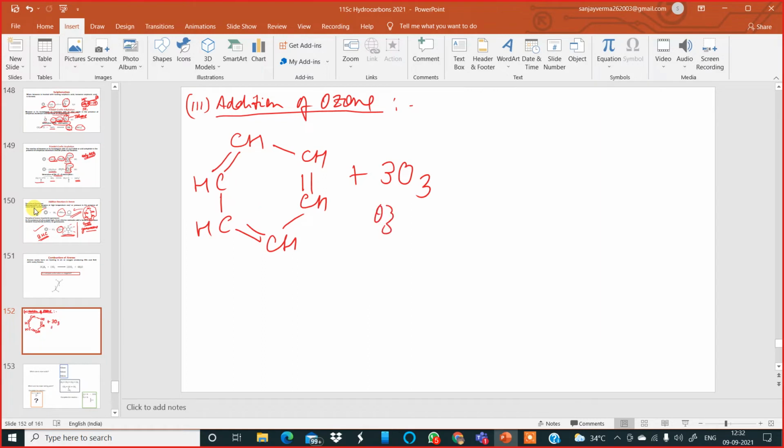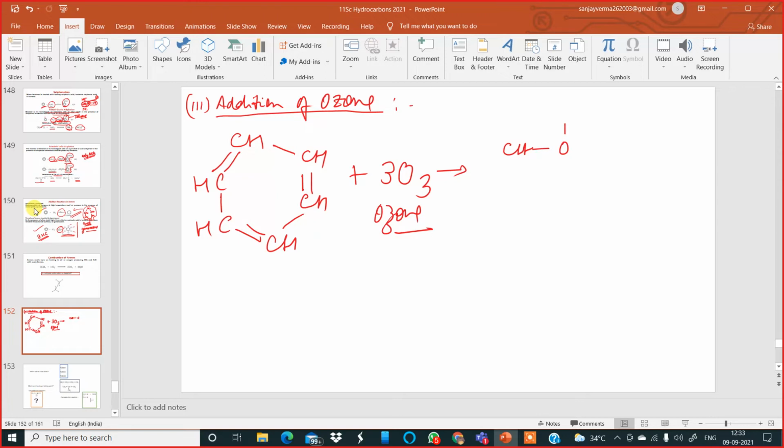This is ozone. Now these three molecules of ozone try to disturb the multiple bonds, the carbon-carbon double bonds, and they form a structure like this. They produce a triozonide.